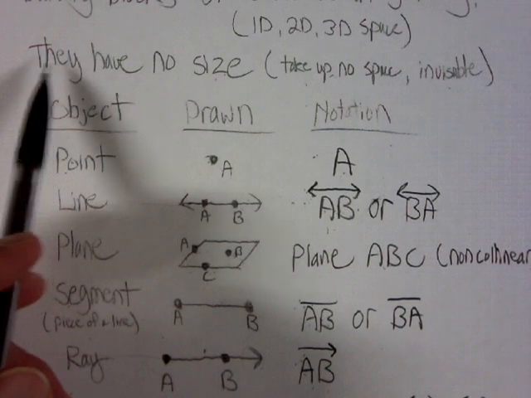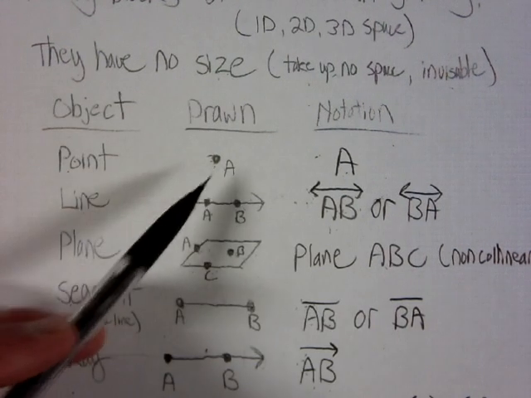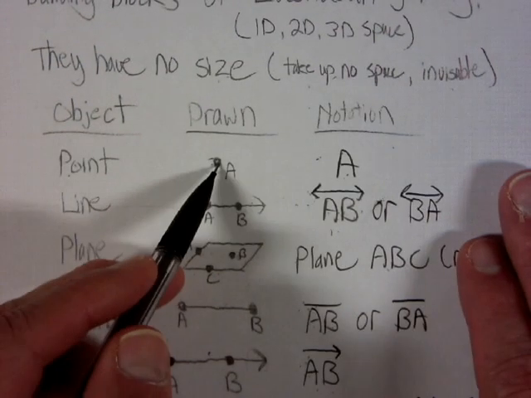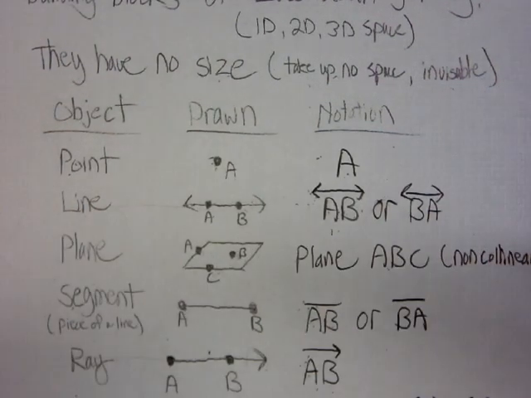Okay? What a point really is, is a location in space. It's a location, right? So a location typically doesn't really have any size. I mean, if I move just a tiny fraction, that's actually a different location. All right? So keep that in mind.